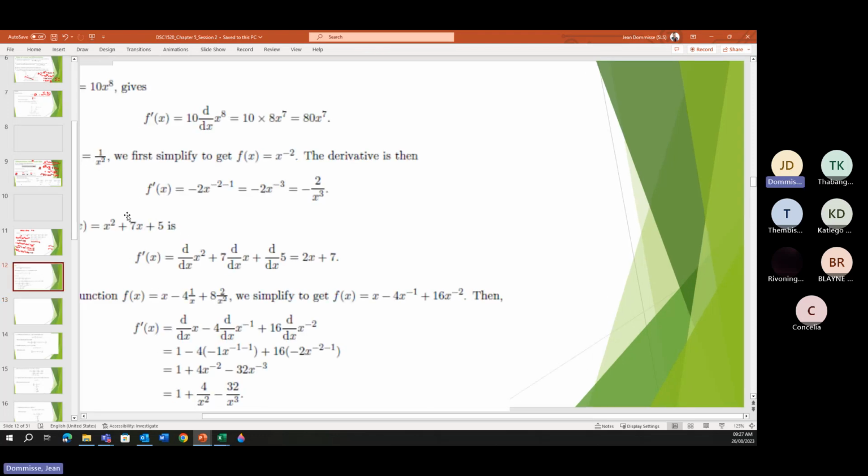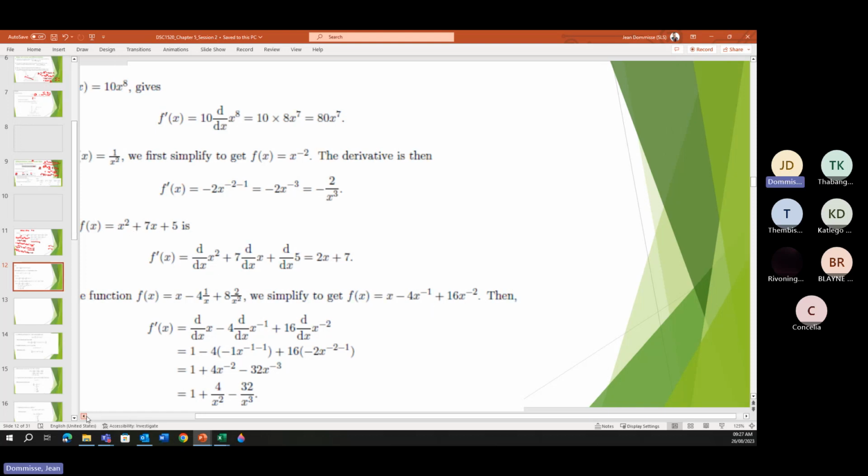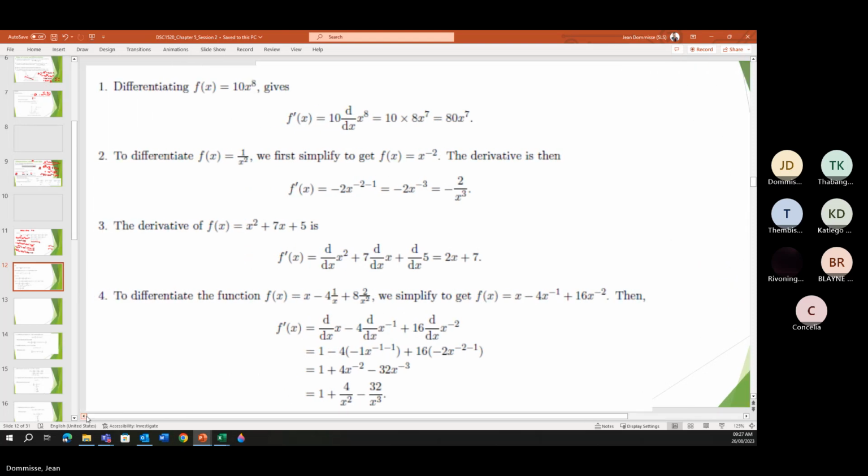I'm going to look at the 1 over x squared, and then I'm going to do the fourth one as well.